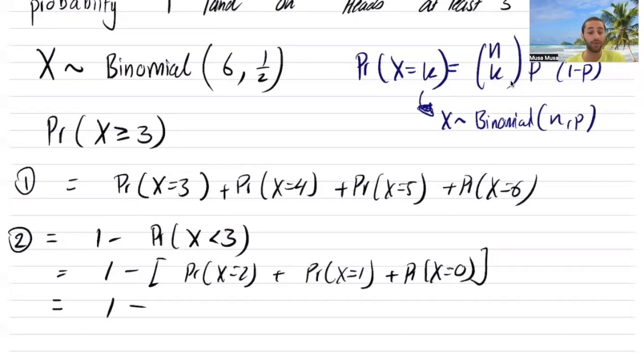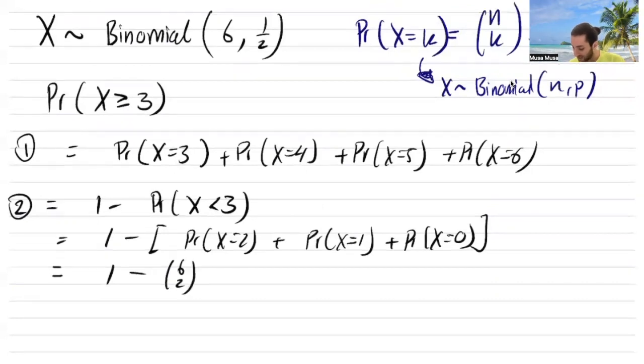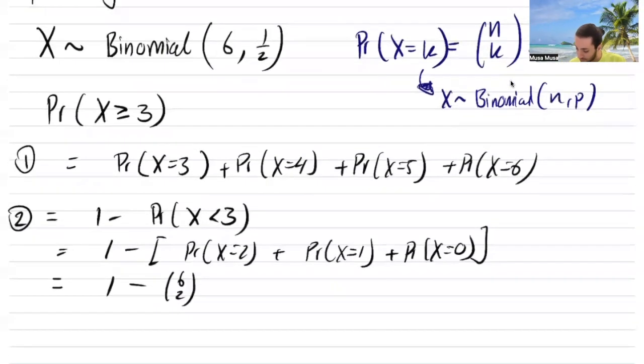So in this case, we follow the binomial 6, 1/2. So probability that x equals 2 means that we're going to say 6 choose 2. And then a half to the power of 2, and then a half, which is 1 minus a half, but that's the same thing anyway. And then that's going to be to the power of 6 minus 2, which is 4.